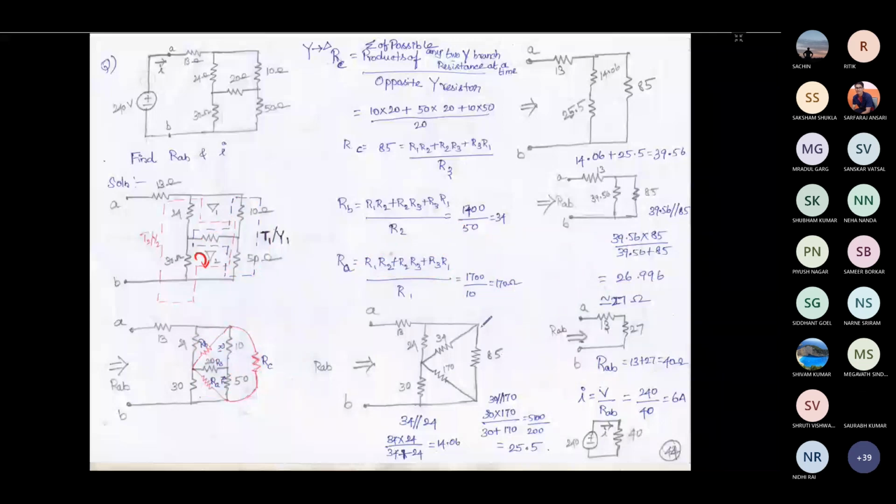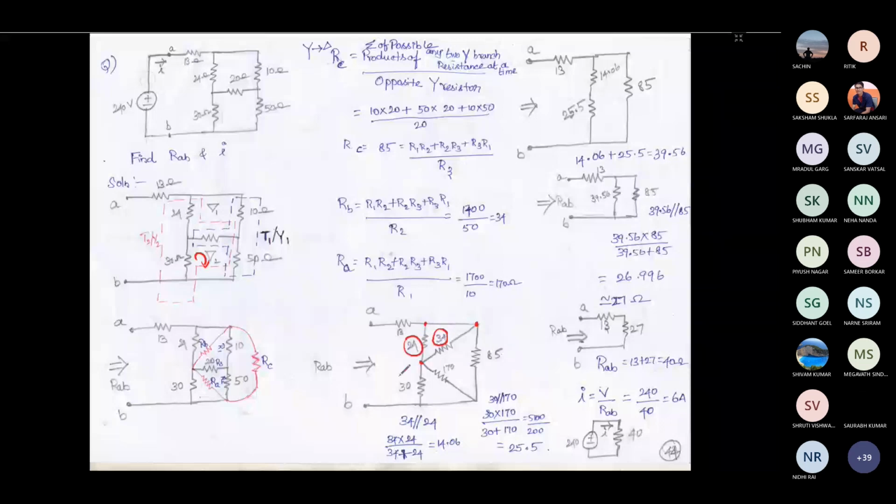With this, what I can do is, you can see here that these two resistors, 24 ohm and 34 ohm, are connected in parallel, because both their top terminal and bottom terminal are connected together.